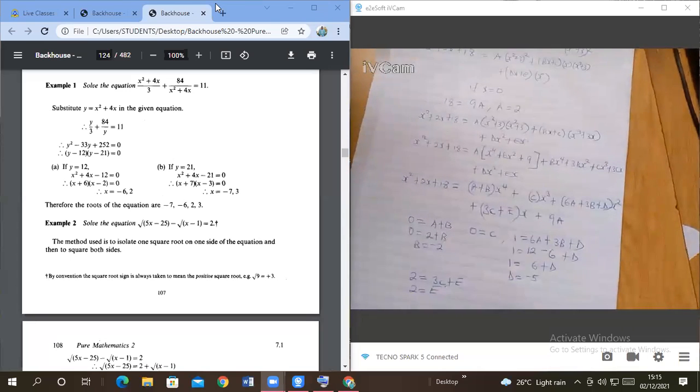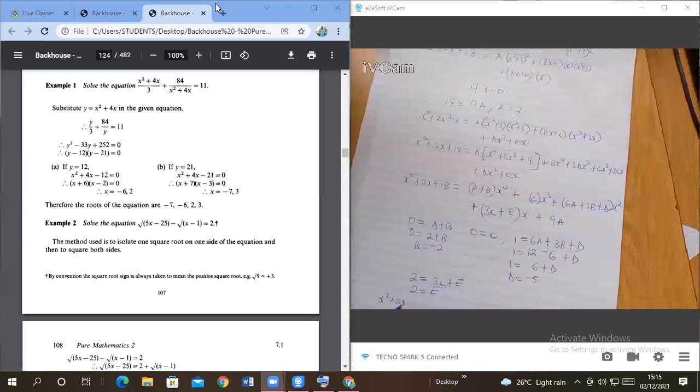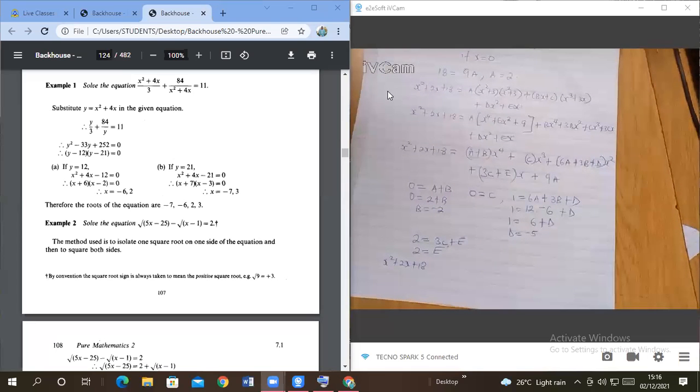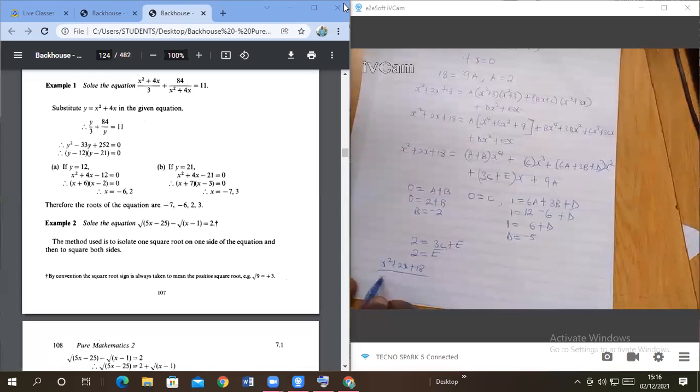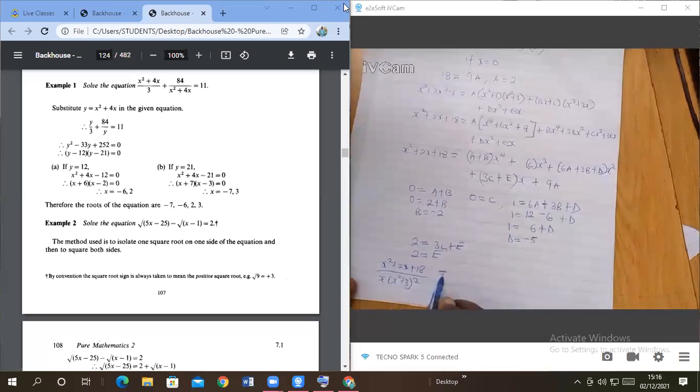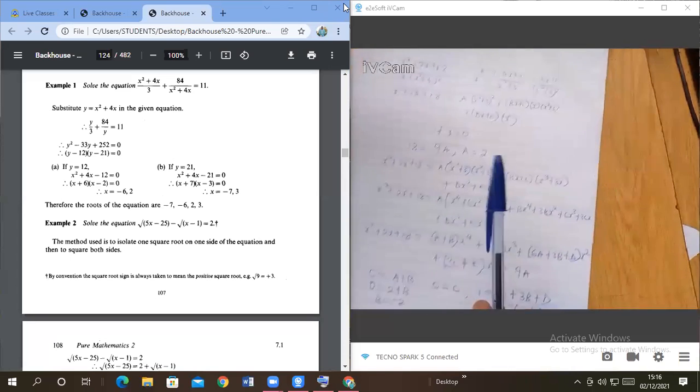We are going to say now x squared plus 2x plus 18 over x into x squared plus 3 squared should be, we just substitute in this expression.